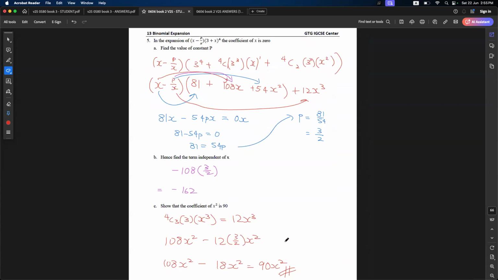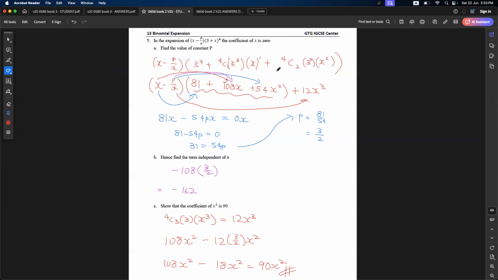Most questions of this type only need the first three expansions. But clearly this is not the case. In this case, you need the fourth expansion for your next part, correct or not?